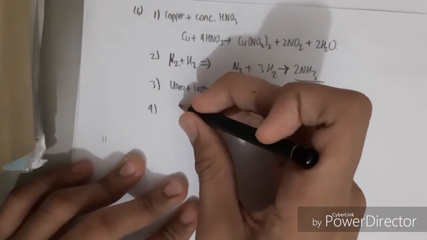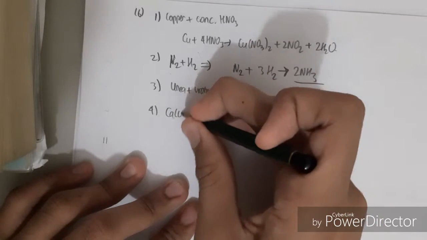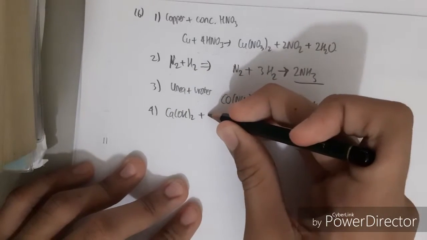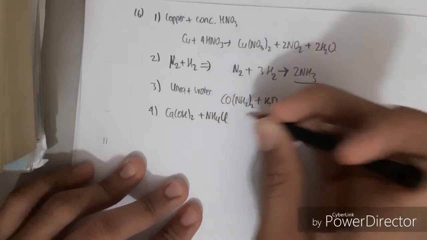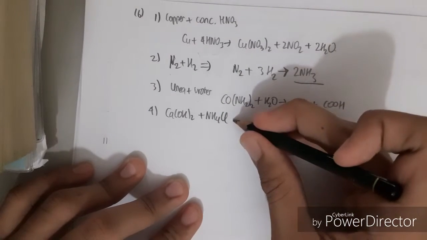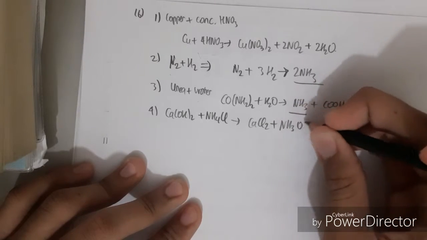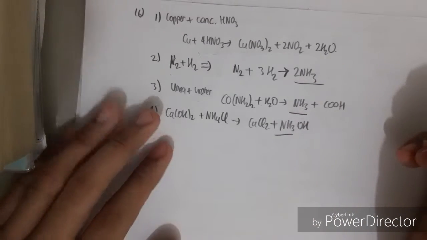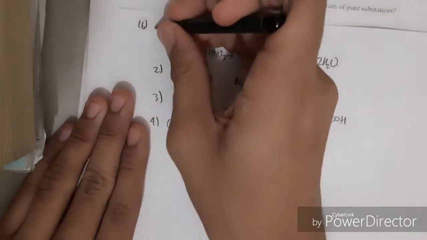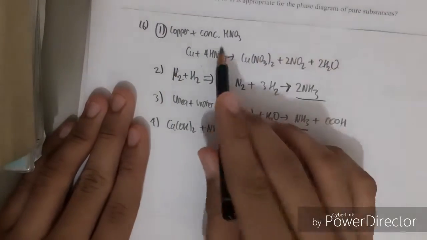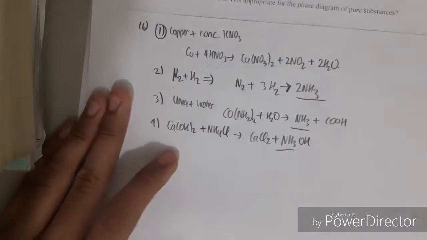And number 4 is actually calcium hydroxide and ammonium chloride. You can see that in the reaction it will result in this, so it still produces ammonia. So therefore the answer is number 1. Copper and concentrated nitric acid didn't produce ammonia.